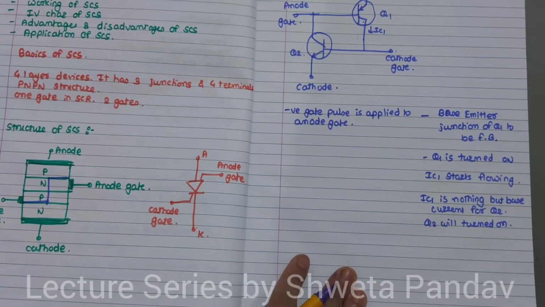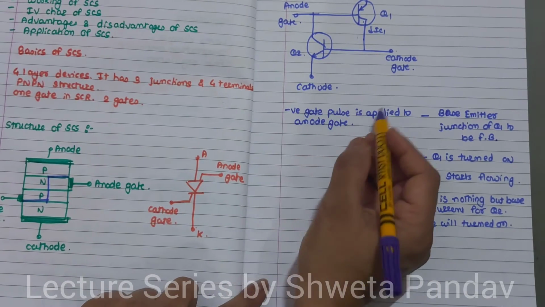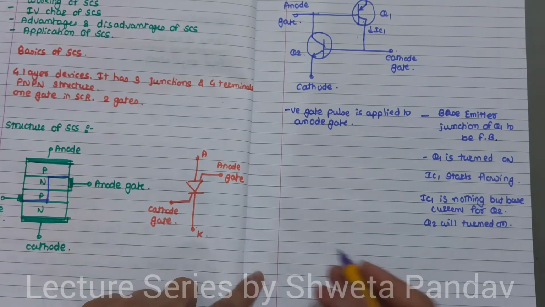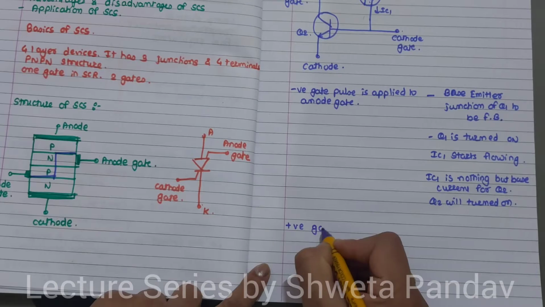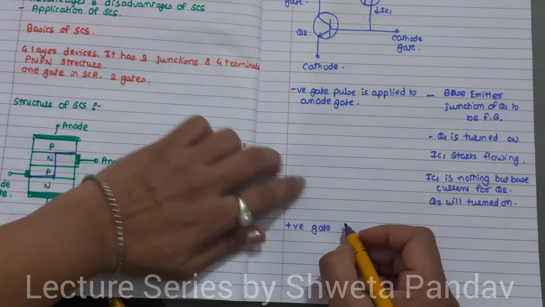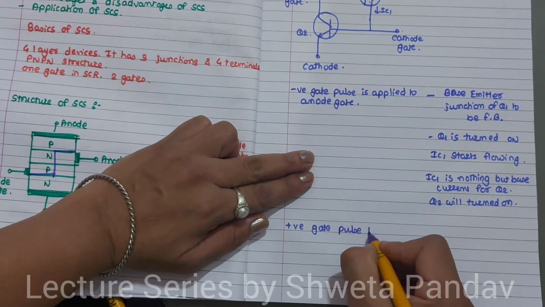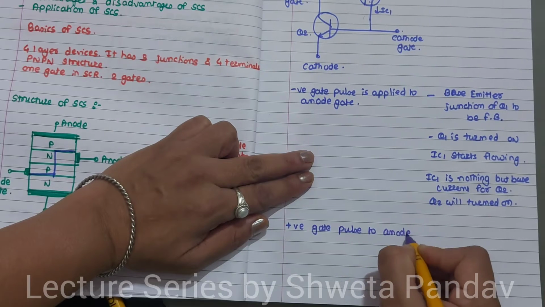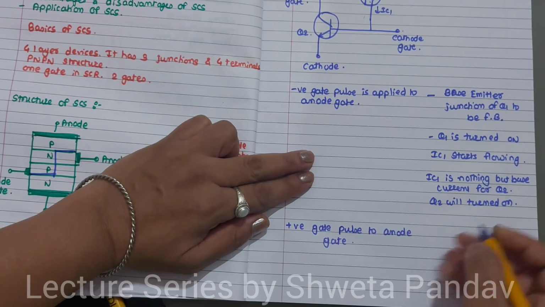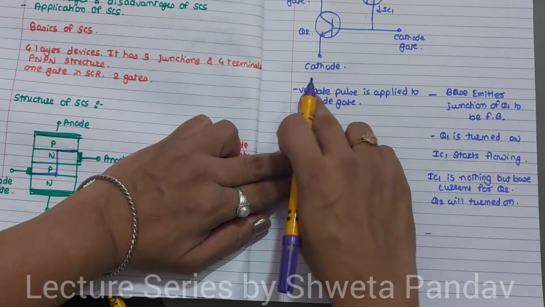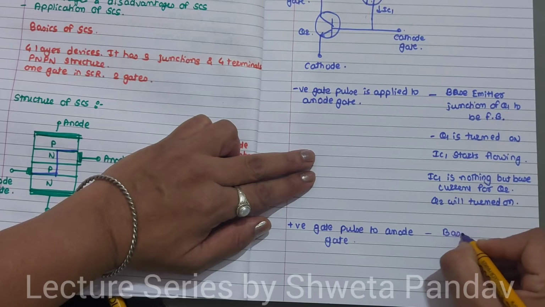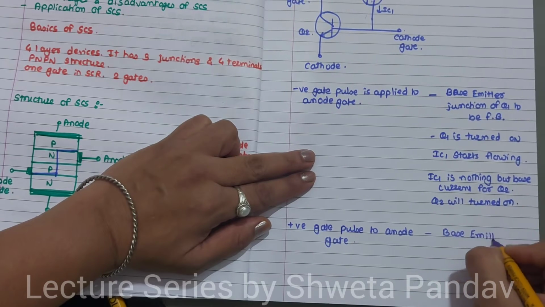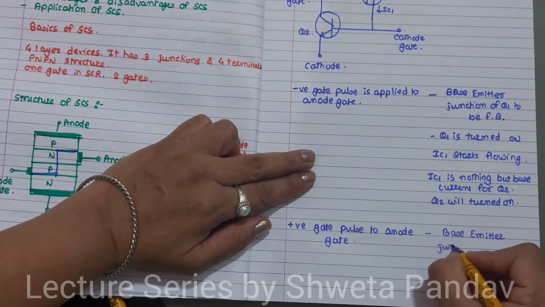If I want to turn off this SCS: with the help of a negative gate pulse to the anode gate, the SCS is turned on. If I apply a positive gate pulse to the anode gate, then as the negative gate pulse forward biases the base emitter junction, the positive gate pulse will reverse bias the base emitter junction of Q1.